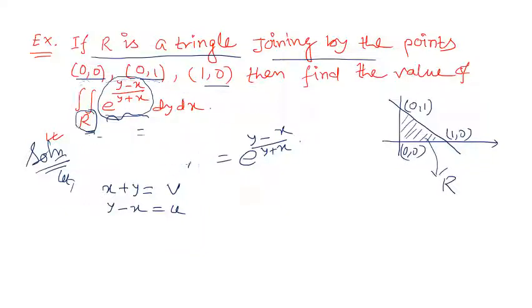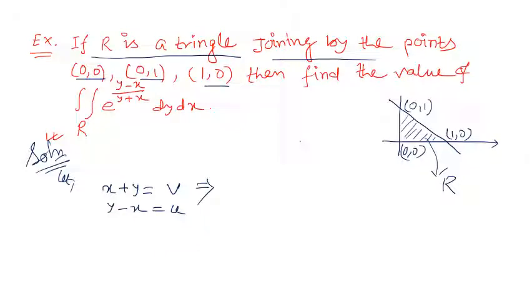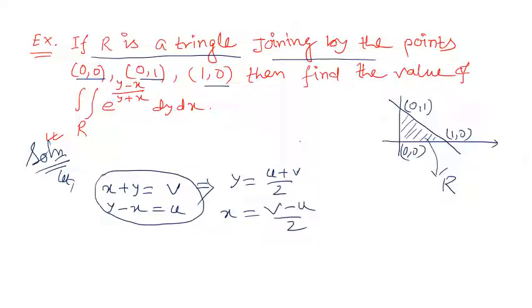Here I am using this suitable transformation. So from here, if I solve these two equations, then we will have y equals (u plus v) by 2, and similarly x equals (v minus u) by 2, right?